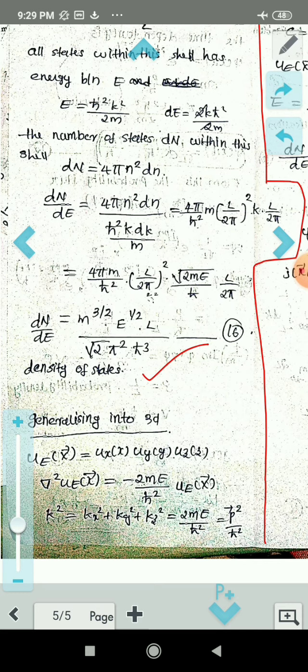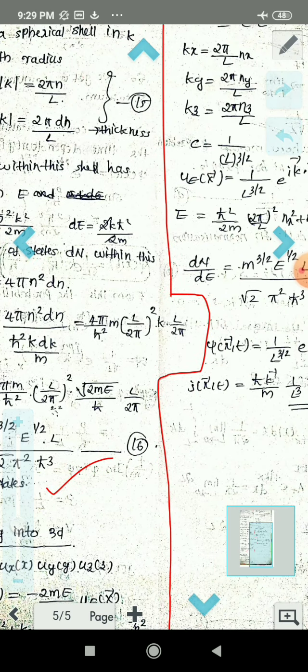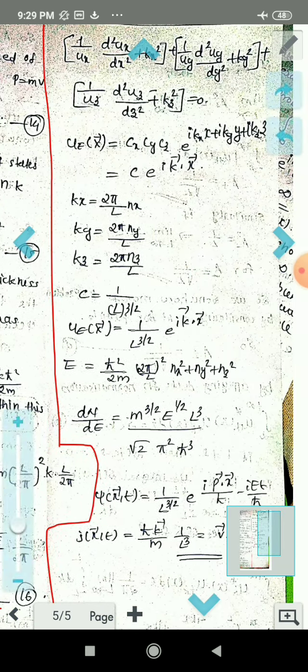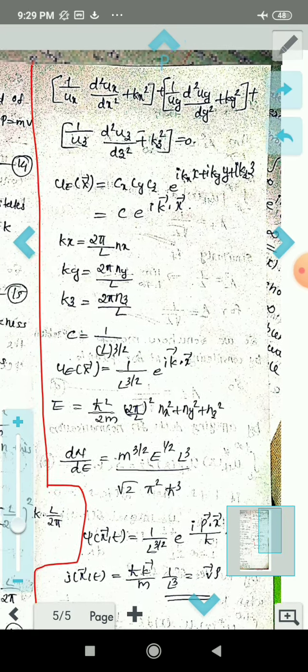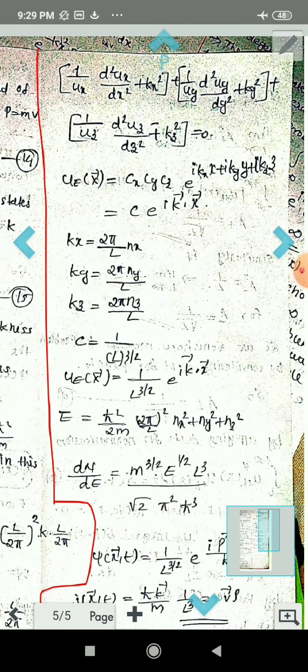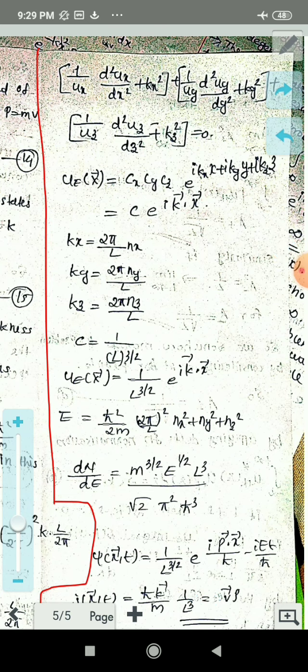Now our equation will become 1 by u_x into d square u_x by dx square plus kx square, and similarly for y and for z, that is equal to 0.